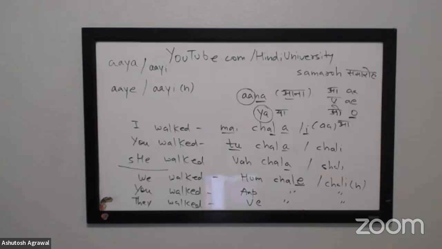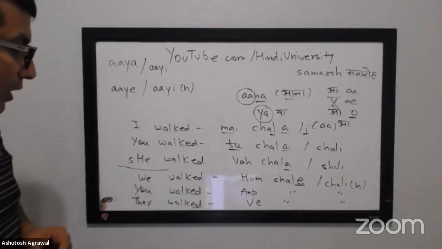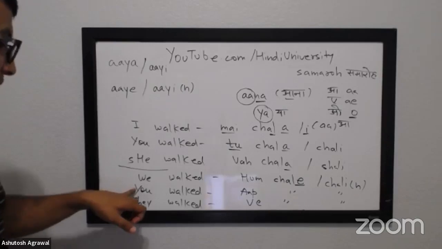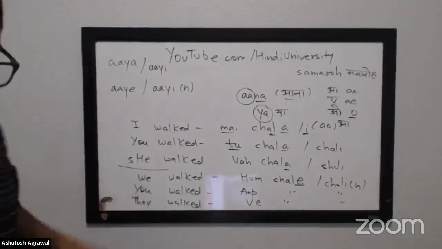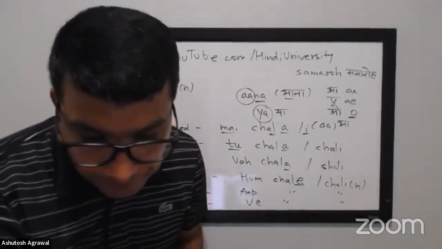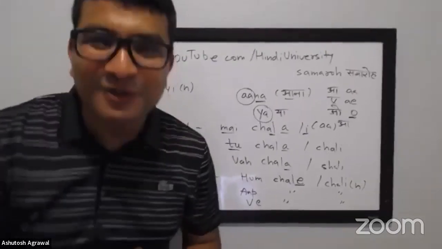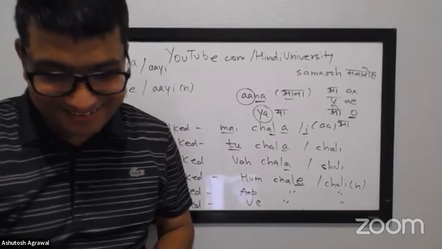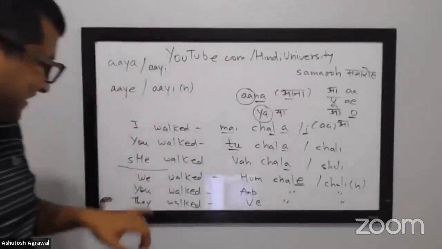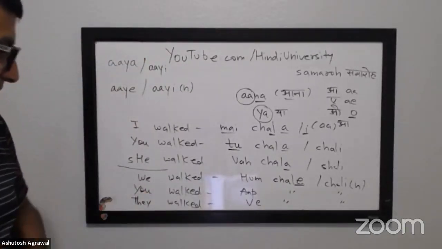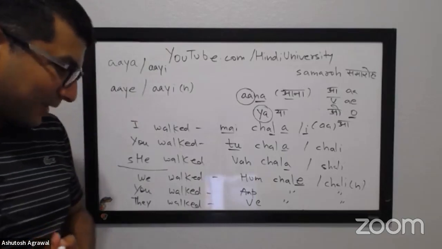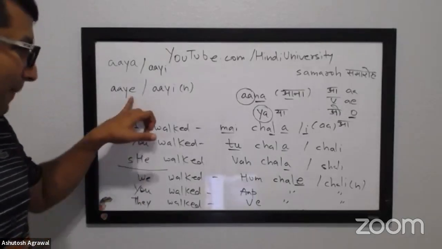Let's do the same thing, and then let's do some more pronouns. So we did we, and then you. Let's do the formal you also while we are here. Who would do this one? Jackie ji, how are you doing? Namaste ji. आप आए.